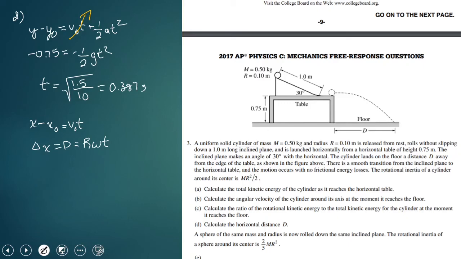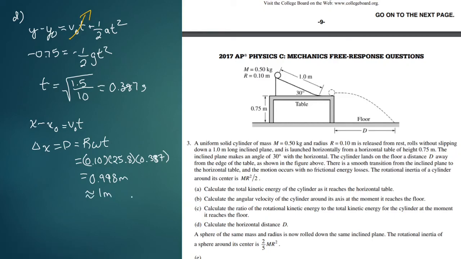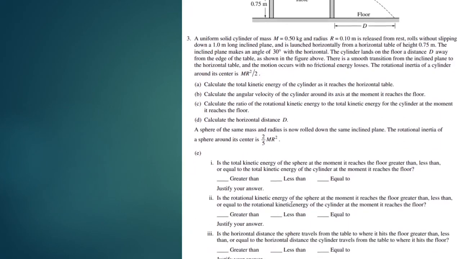And so what we can say is that this is equal to 0.10 times our angular speed, which is 25.8, I believe, if I remember correctly, and then times our time, 0.387. And so plugging that in, it is 0.1 times 25.8 times 0.387, which is equal to 0.998, which is approximately 1 meter. So we can make that rounding, and so we essentially get a very simple answer of 1 meter.